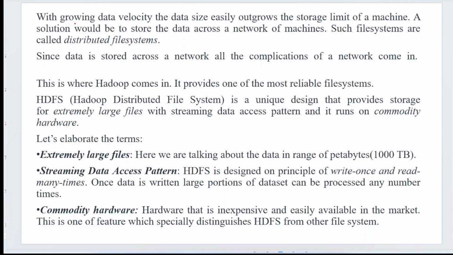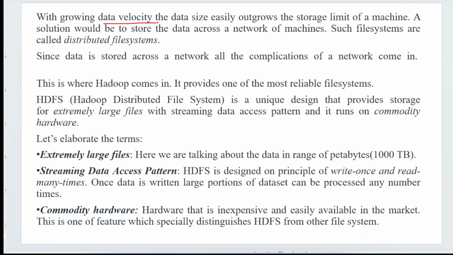And if we see here, the data size is growing like anything. The velocity of the data, that means how much data is generated per minute, we can't assume. If you take social media, a lot of data will be generated. If you take websites, a lot of events can be generated, and from those events, a lot of log files will be generated.